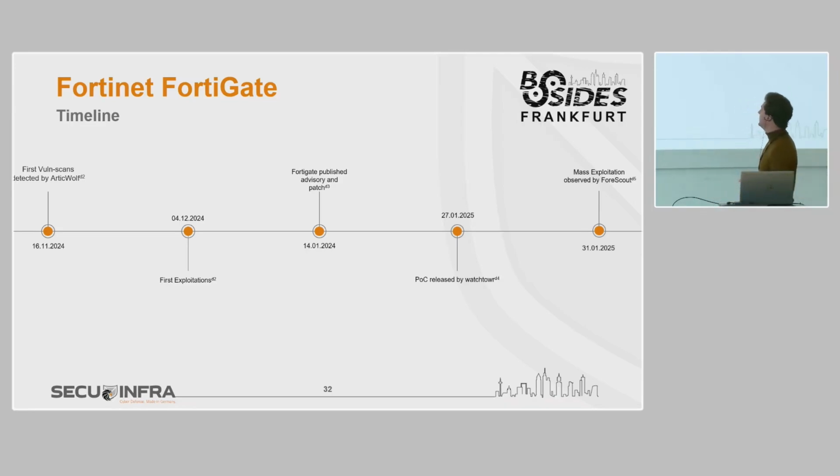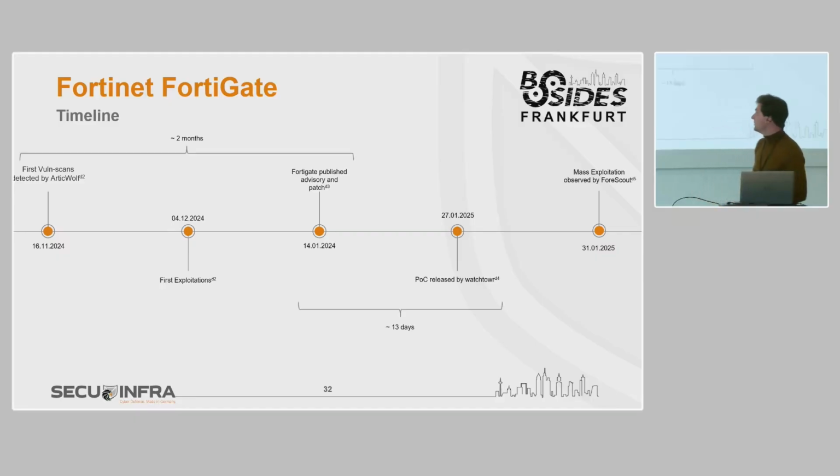And roughly 1 month later, we had a public advisory from Fortinet detailing this vulnerability and offering a patch. Now, again, the guys from Watchtower, they're pretty quick. They took a look at this advisory, did some patch diffing, stuff like that, and came up with a POC. They released it, and mass exploitation shortly followed.